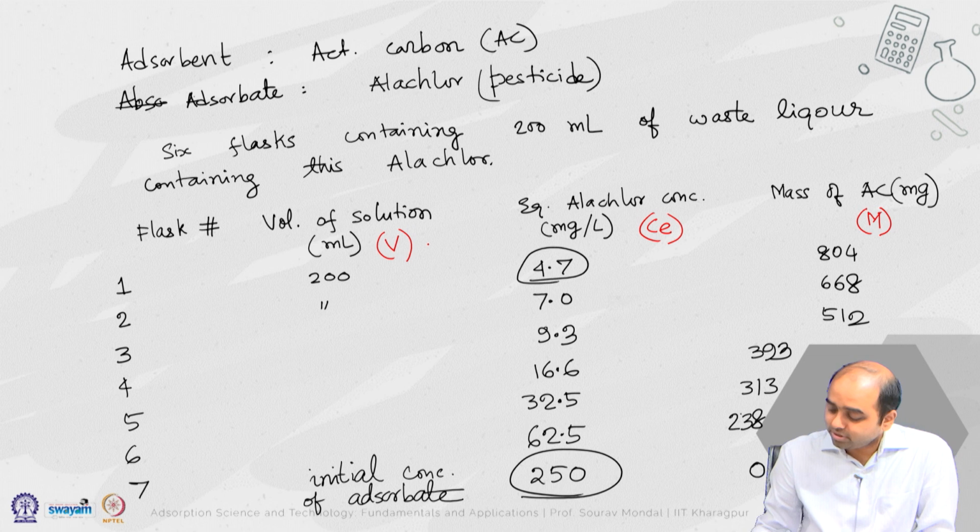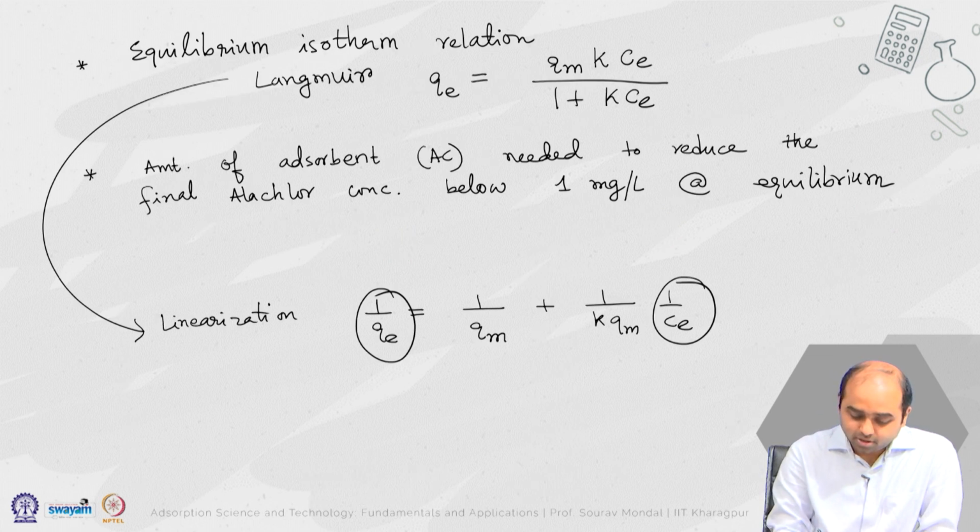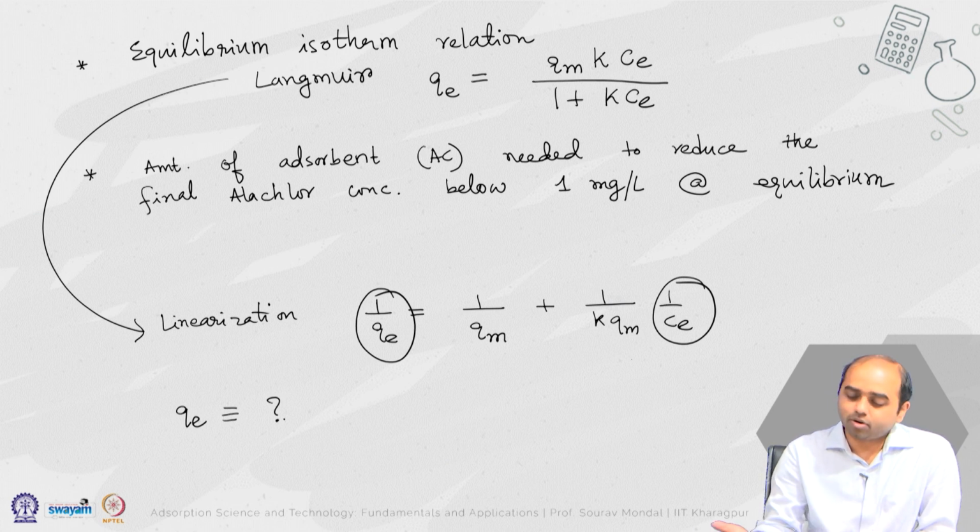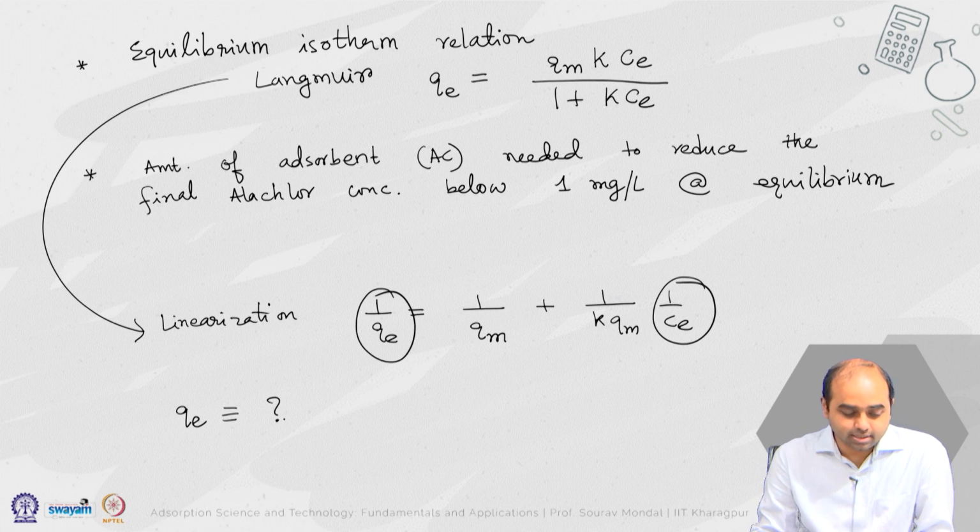So, to find out the Ce values, the concentration in the solution phase, we have to find it out for each case, then only we can make a plot of 1 by Qe versus 1 by Ce. To find out the Ce values, we can use the mass balance relation.